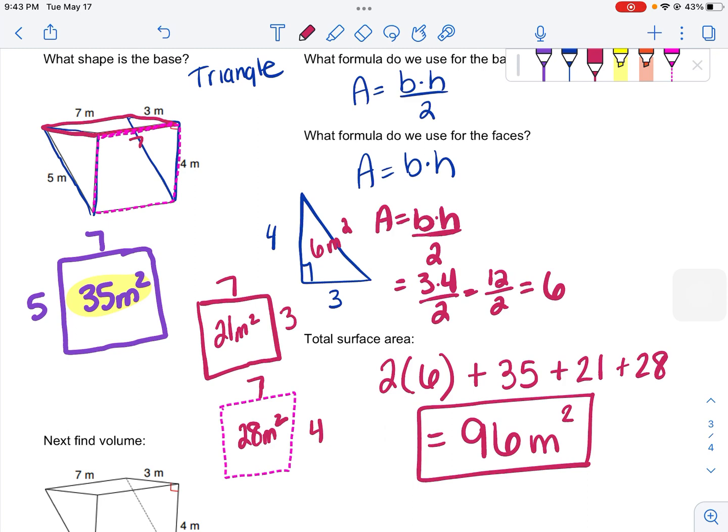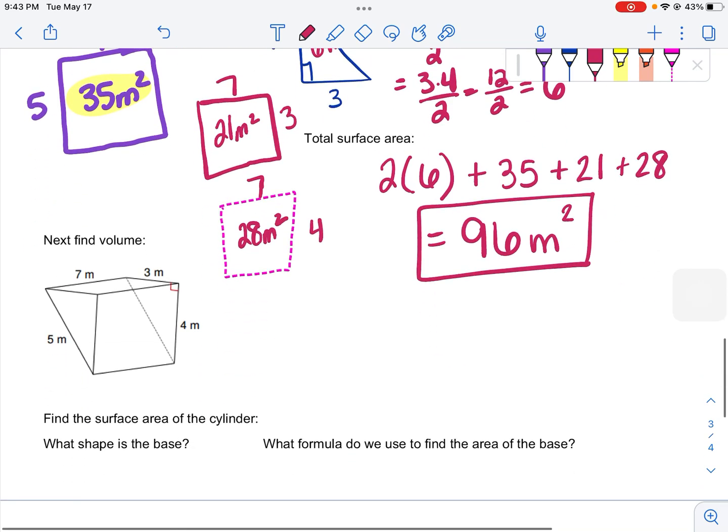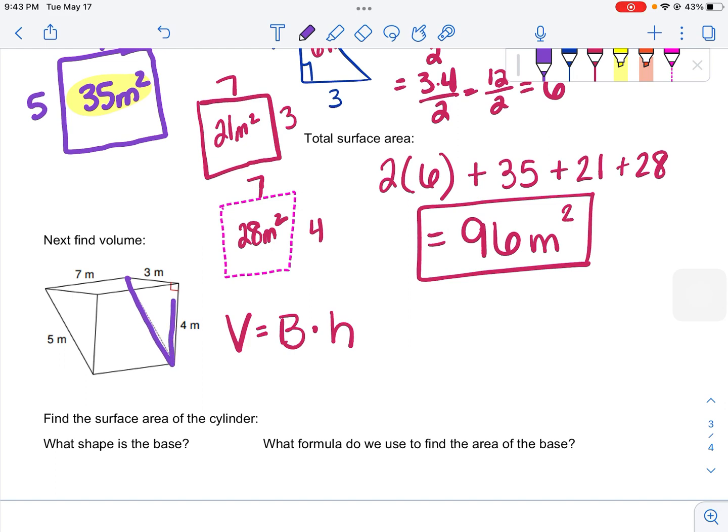Okay, next we'll find the volume. To find the volume, we use the formula area of the base times the height. And the area of the base of a triangular prism is that triangle.